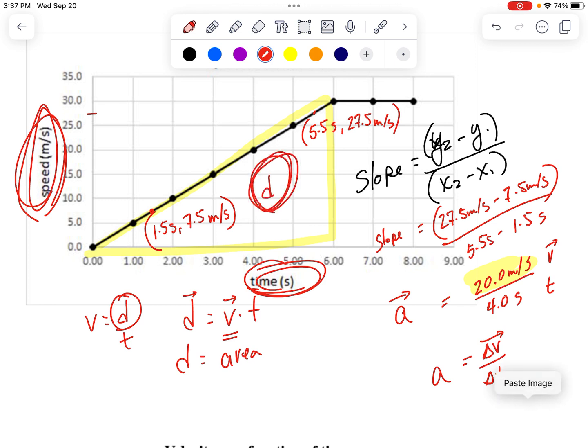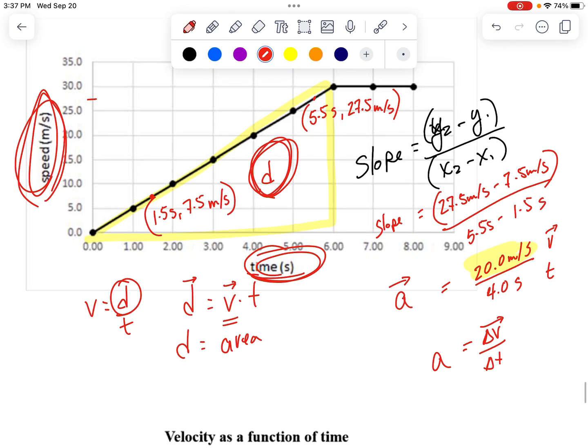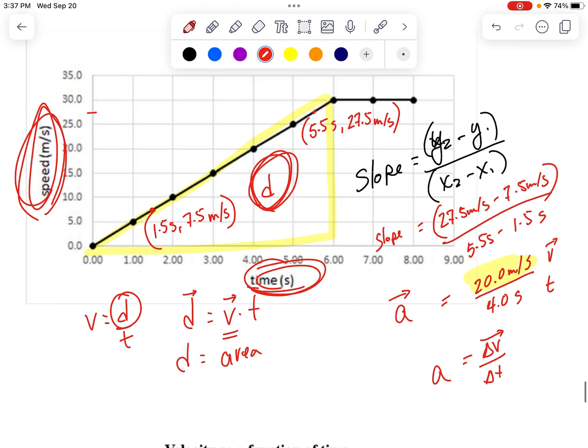So if I wanted to calculate the distance for that triangle that this object traveled in the first 6 seconds, it'll be the average speed. So it'll be 30.0 meters per second minus 0.0 meters per second, because that's what it started at. But I need to divide that by 2, right?